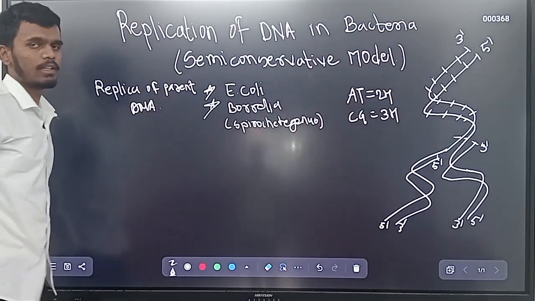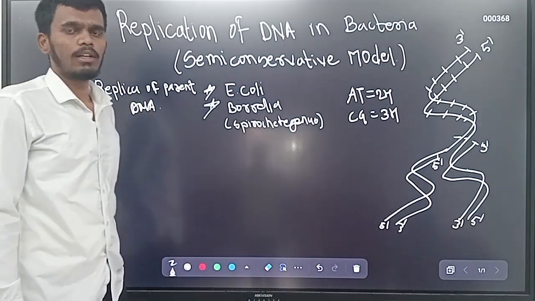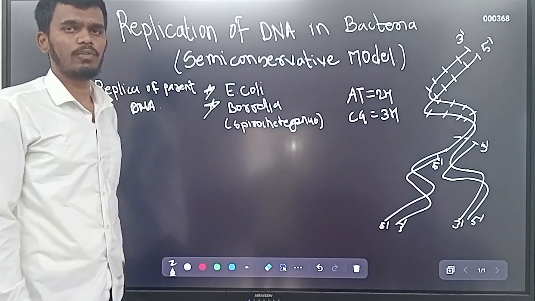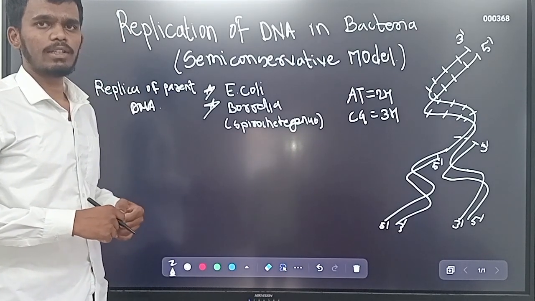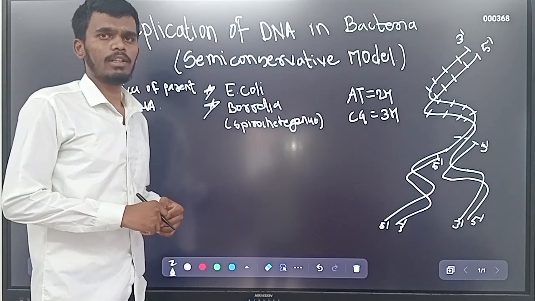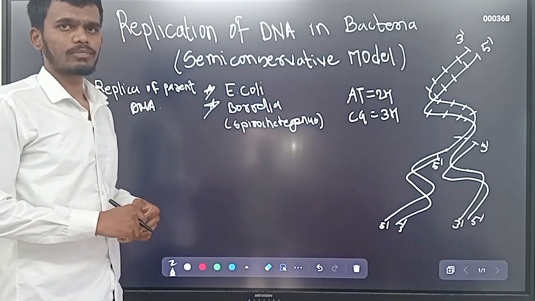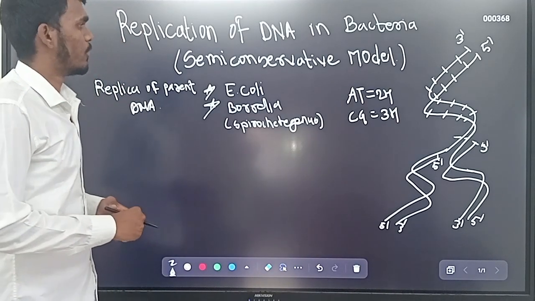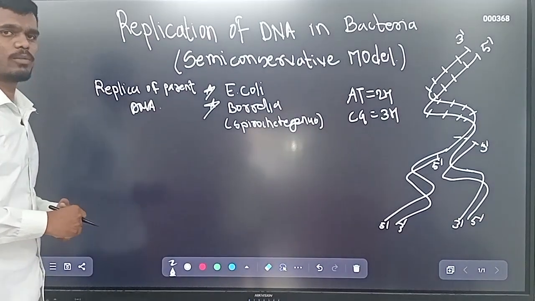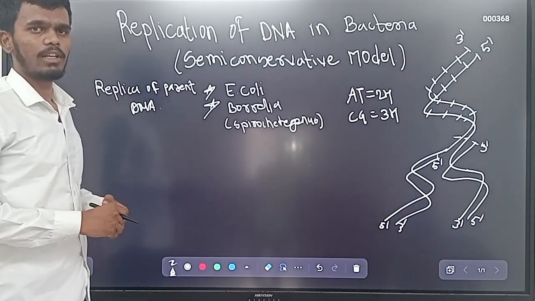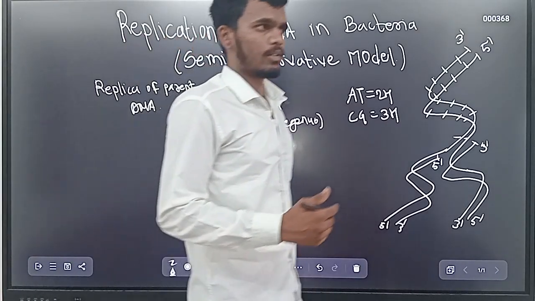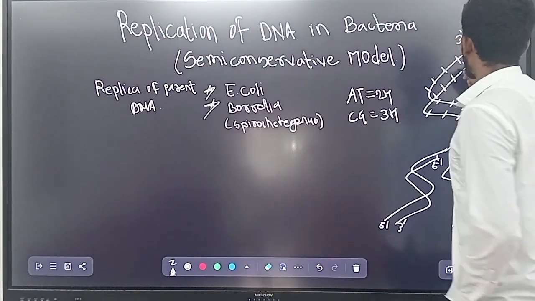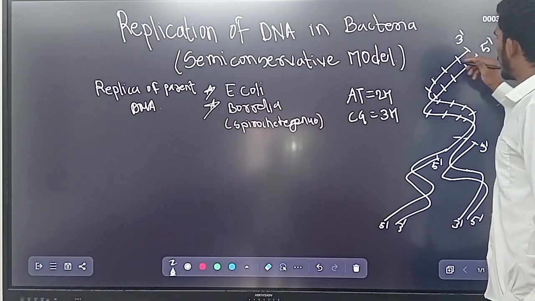DNA is nothing but a double-stranded helical structure in which the polynucleotide chains are arranged in a helical manner, where the phosphodiester bonds form the backbone of this helical structure, and hydrogen bonds help in the binding of this helical structure.